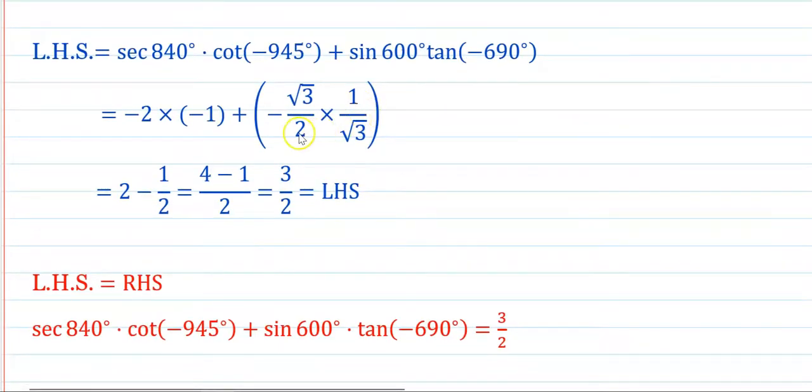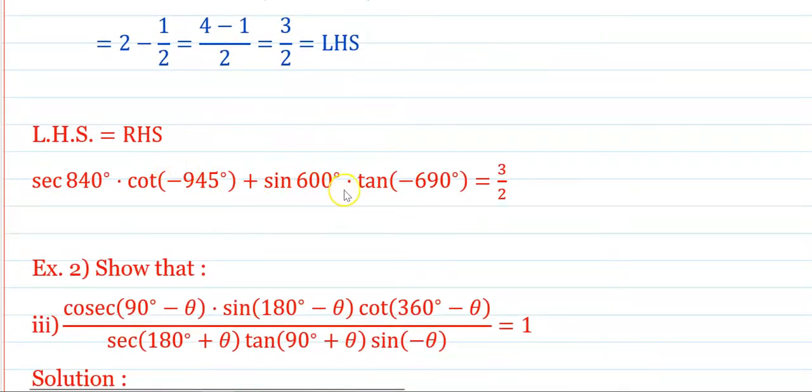Okay, and if we simplify, minus 2 into minus 1 will become plus 2. Next here, what happens to root 3? It gets cancelled, and you will get minus 1 upon 2. Now multiply 2 by 2, 2 into 2 is 4, 4 minus 1, you will get 3 upon 2, and hence this is the LHS, and hence LHS is equal to RHS, and hence the result is proved.